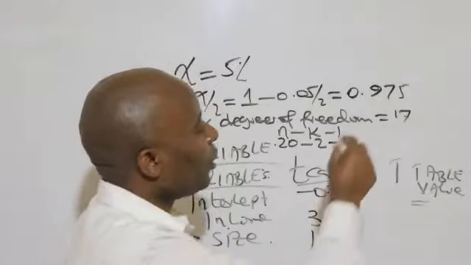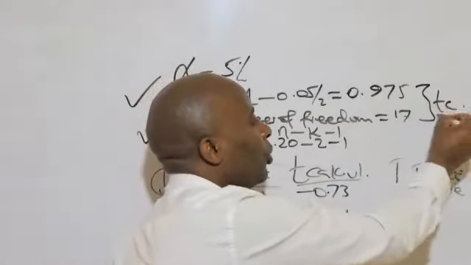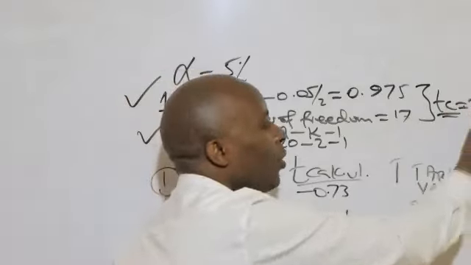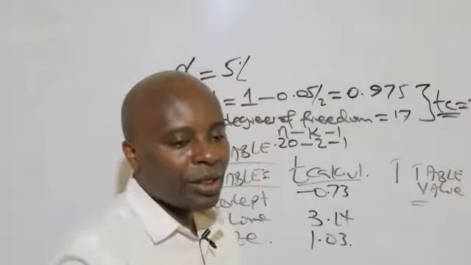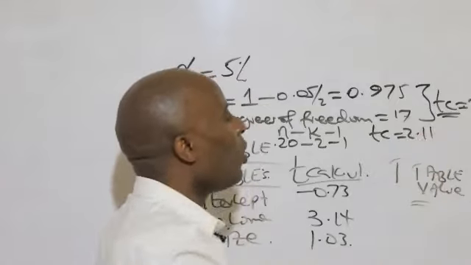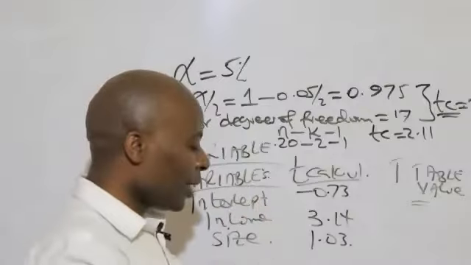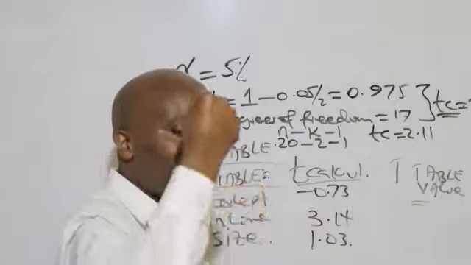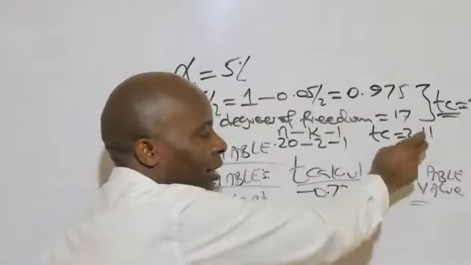So if you do it that way, you'll be able to give us what we call T critical, which is 2.11. And remember, ladies and gentlemen, if our T critical here is 2.11, our variables can only pass the test if they are significantly bigger than this 2.11.